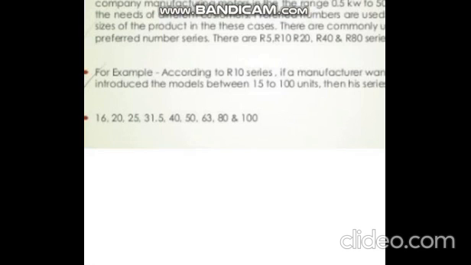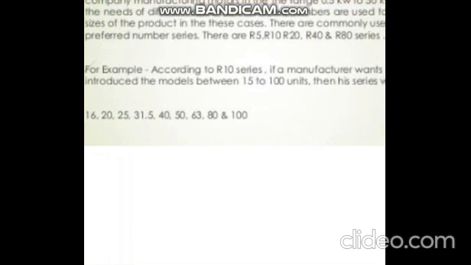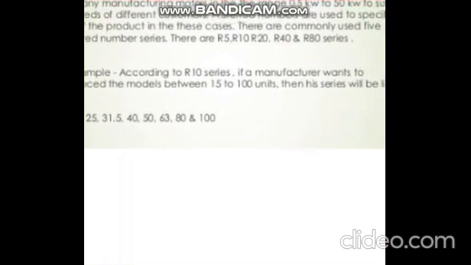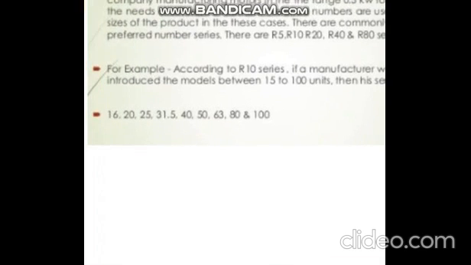Okay, here an example is given. According to the R10 series, if a manufacturer wants to introduce models between 15 to 100 units, and that man is following the R10 series, it should lie between 15 and 100.